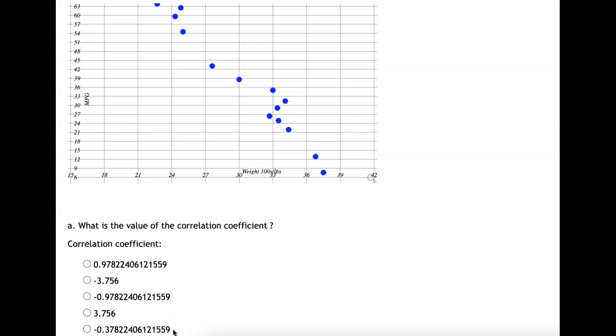E would not be much of a correlation at all. We would really just see a bunch of random points. It would almost look more like a square or a circle. They would not be close whatsoever. These are definitely closer than that. They're not in a perfect line, but definitely we could see a linear pattern to these. So C would be our most reasonable answer here.